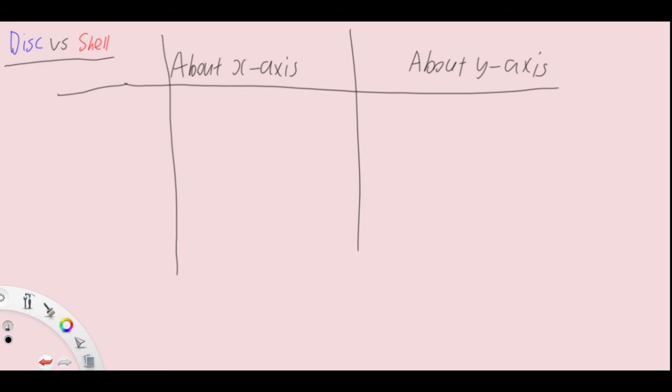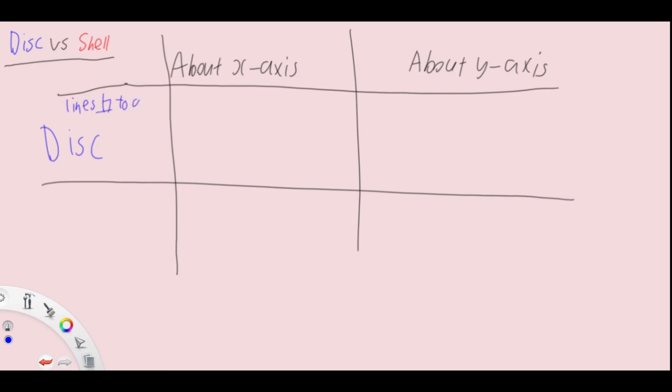Let me extend this line again. All right, this will be the disc method: lines perpendicular to the axis. Then I'll write here the shell method.